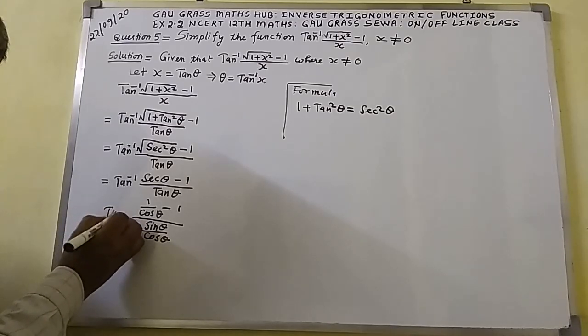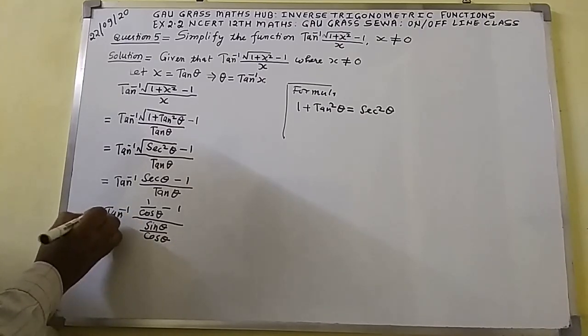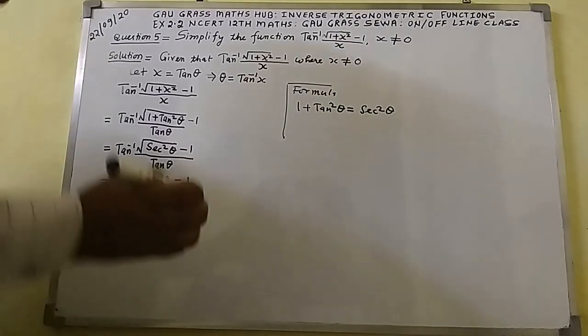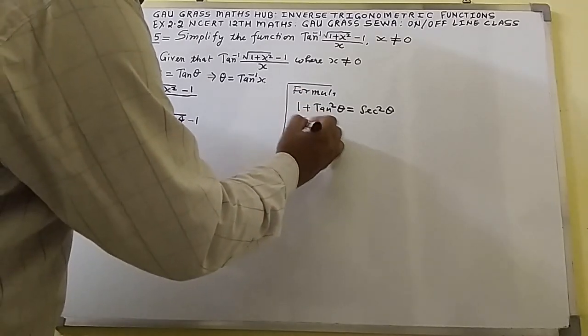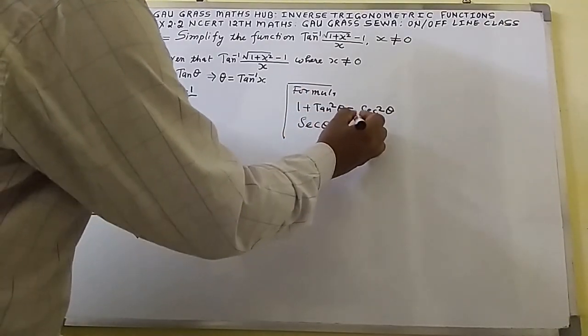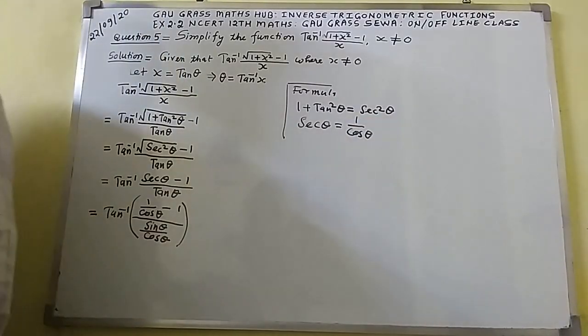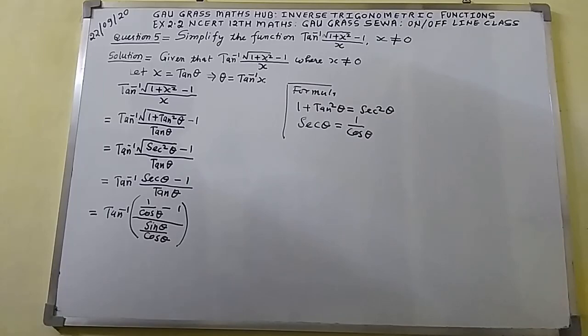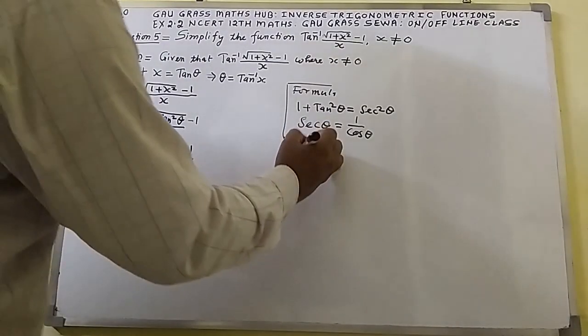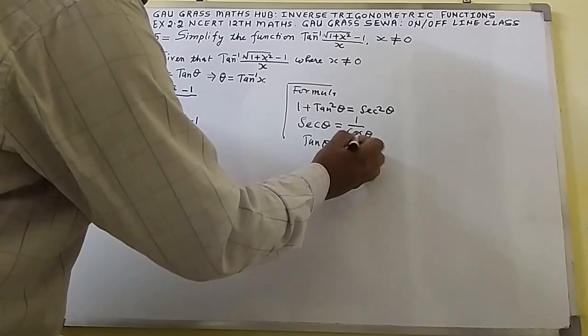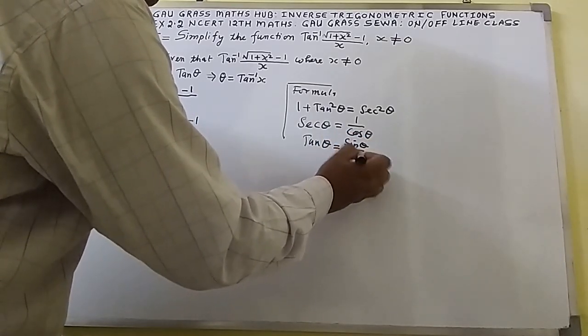Here this whole thing can be written in the numerator. You know the formulas: sec theta is equal to 1 over cos theta, and tan theta is equal to sin theta over cos theta.